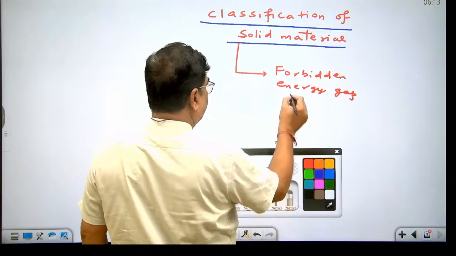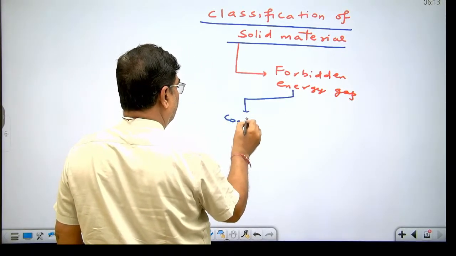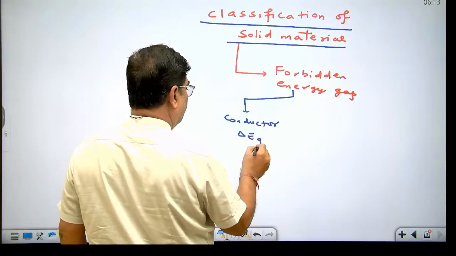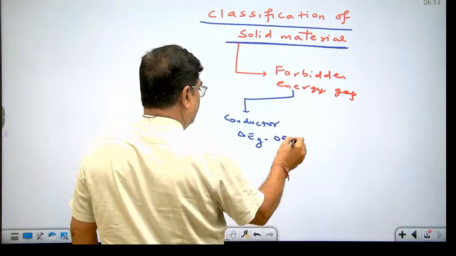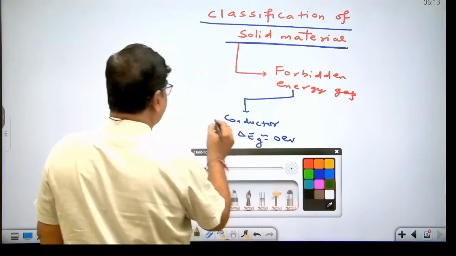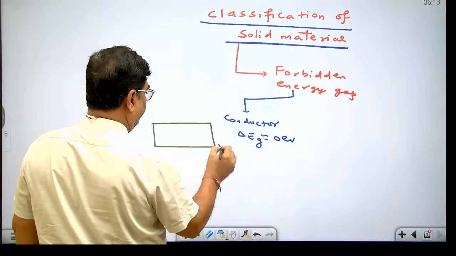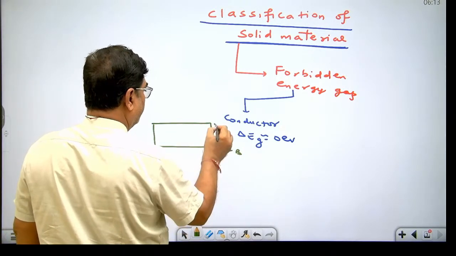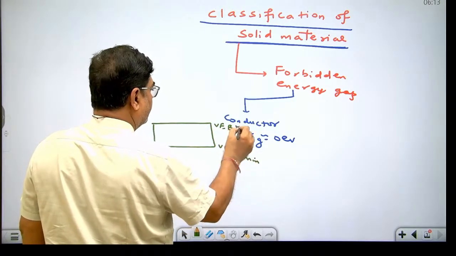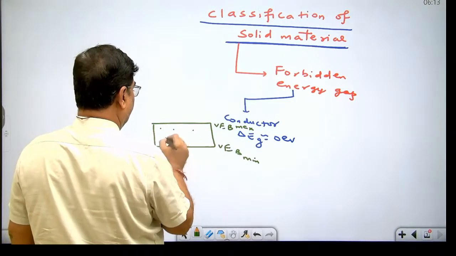In case of conductor, the value of forbidden energy gap is 0. Means in case of conductor, valency energy band and conduction energy band remain in overlapped position. If this is the picture of valency energy band minimum and valency energy band maximum, electrons are always present in valency energy band.